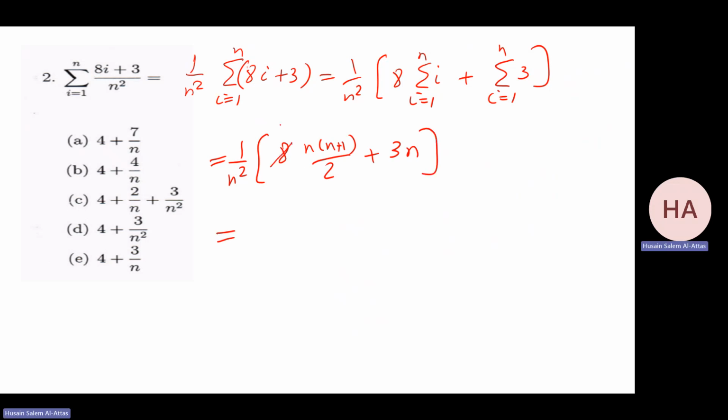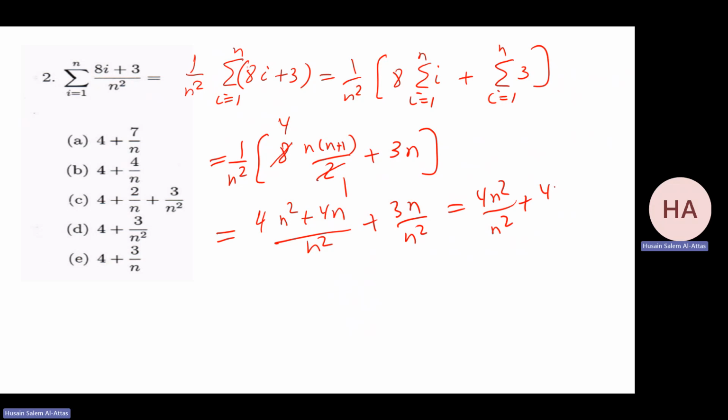That gives me 4n squared plus 4n over n squared plus 3n over n squared. So that gives me 4, and this is 7n over n squared, or 7 over n, which is this one.